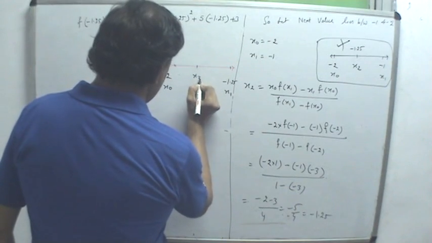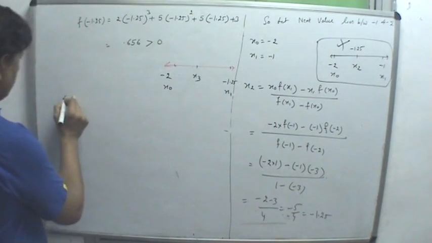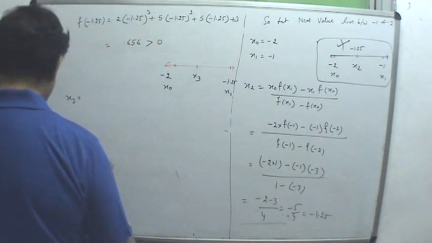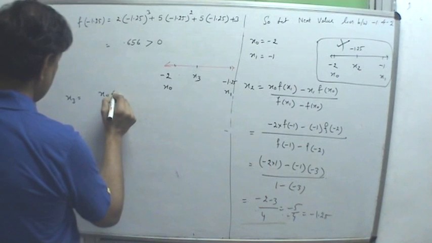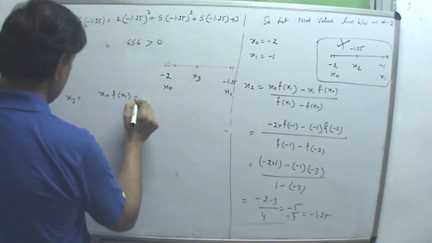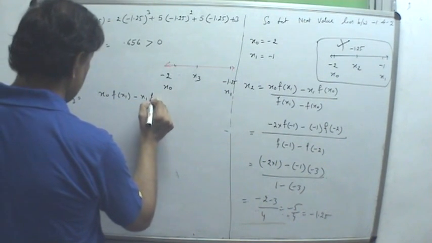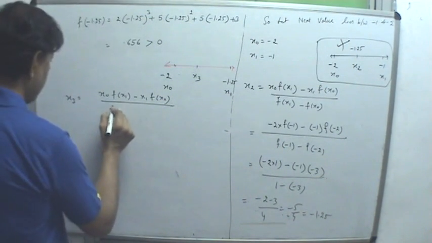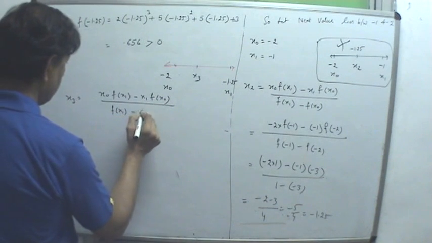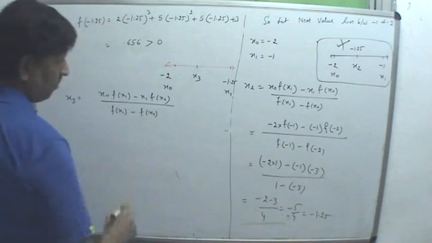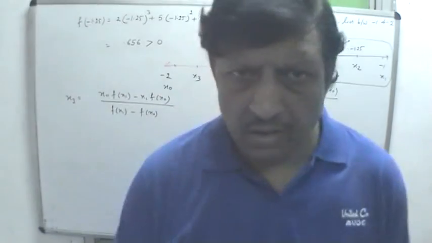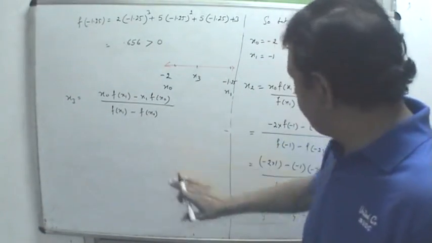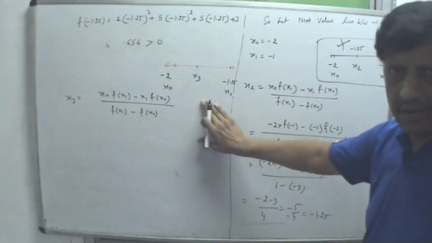Then x3, again we write the same formula, x3 that is equal to x0 into f of x1 minus x1 into f of x0 divided by f of x1 minus f of x0. So what we are doing? We are keeping the formula same, but we are changing the number line.